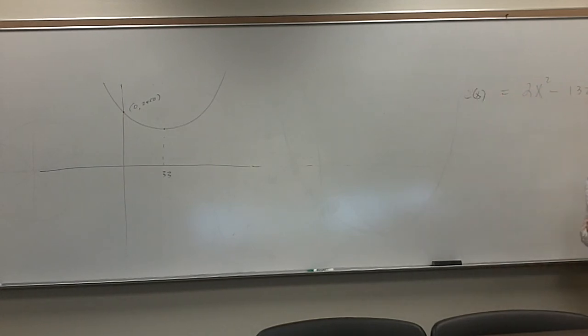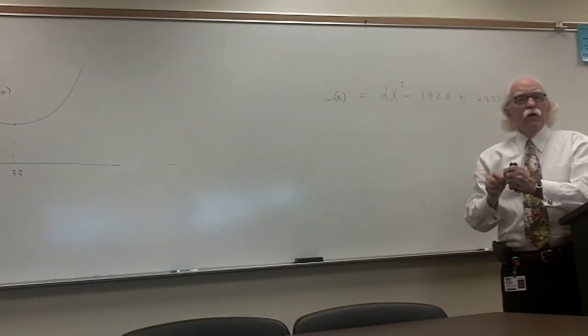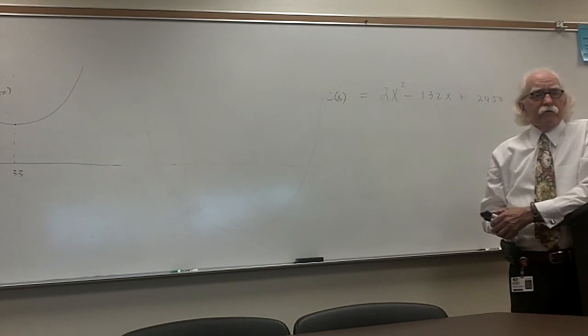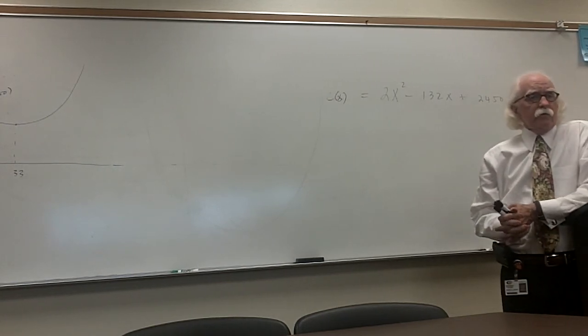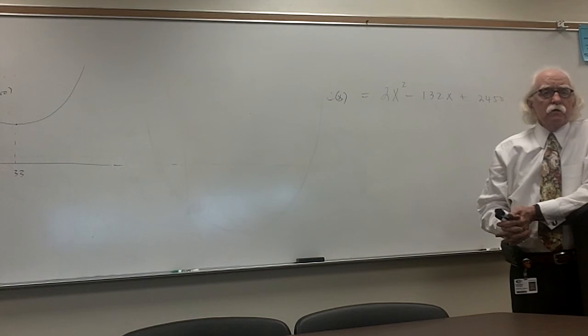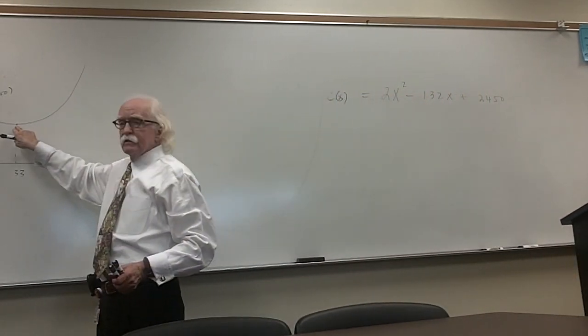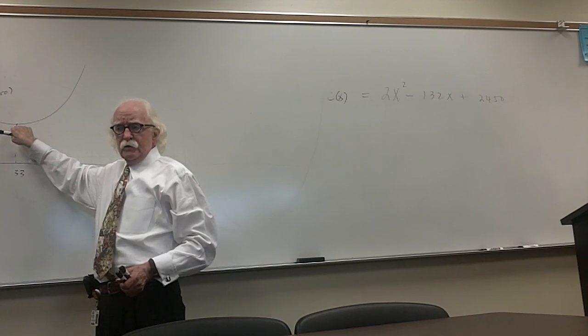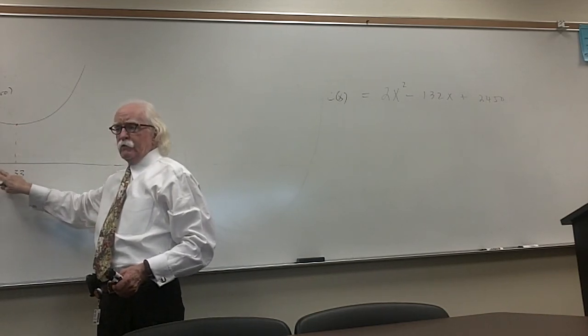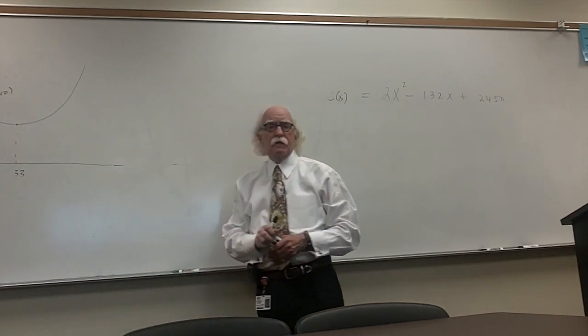If you tried to factor or use the quadratic formula, you'd have gotten imaginary values, because the vertex is way up here. It doesn't even come close to the x-axis.